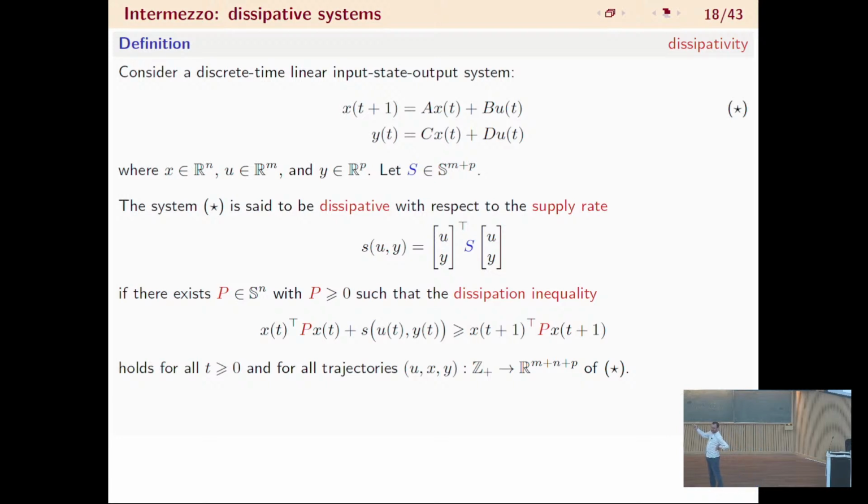This supply rate is a quadratic one. It contains terms like u times y. And if I have an electrical circuit, V, voltage, times I, current, has a physical meaning.